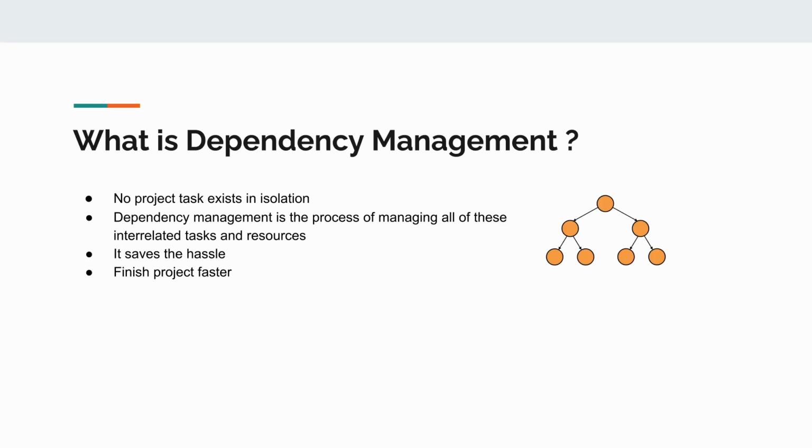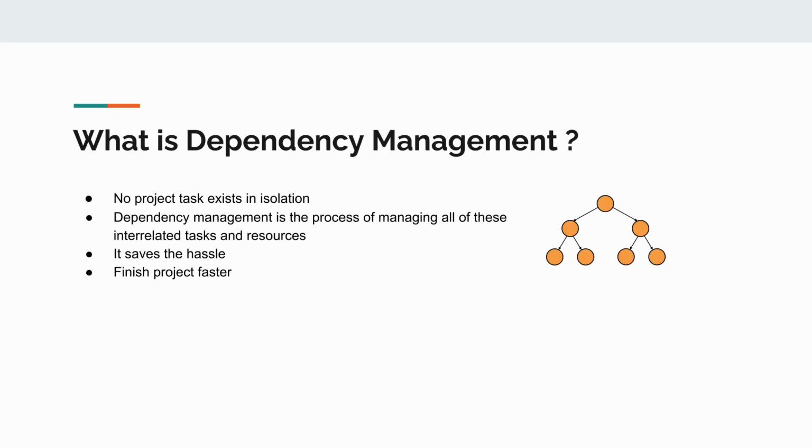That way your entire process of building the project would be quicker. So it saves you a lot of hassle and helps you finish the project faster. So that's what dependency management is.